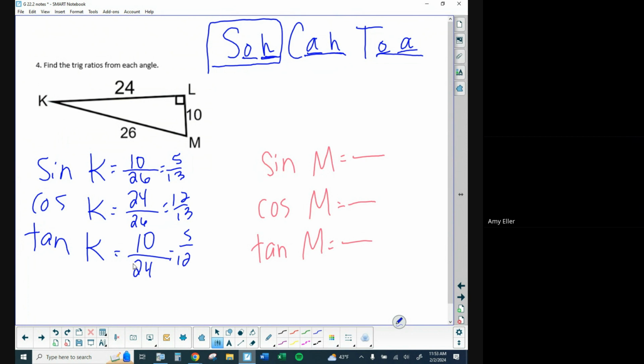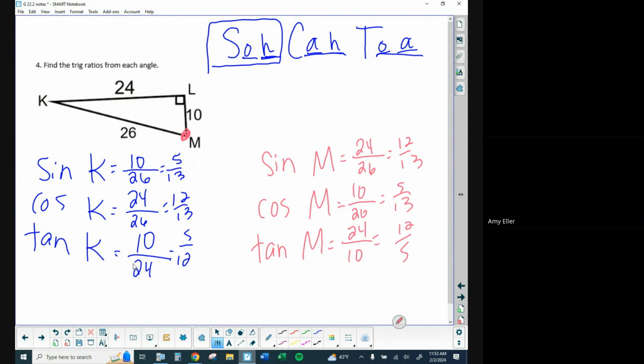Now I'm going to focus on angle M, and I'm going to do the same type of thing. So my sine comes out to 24 over 26. My cosine is 10 over 26. My tangent is 10 over 24.